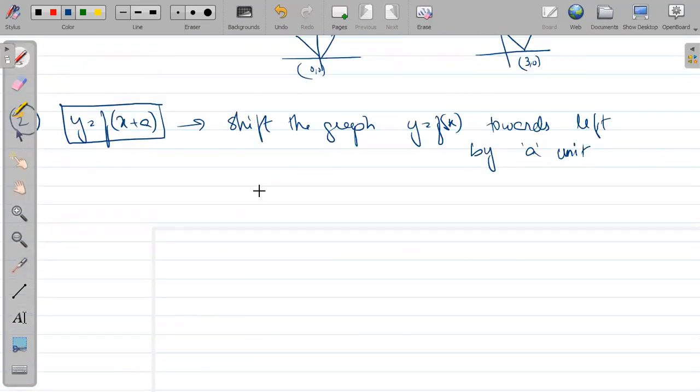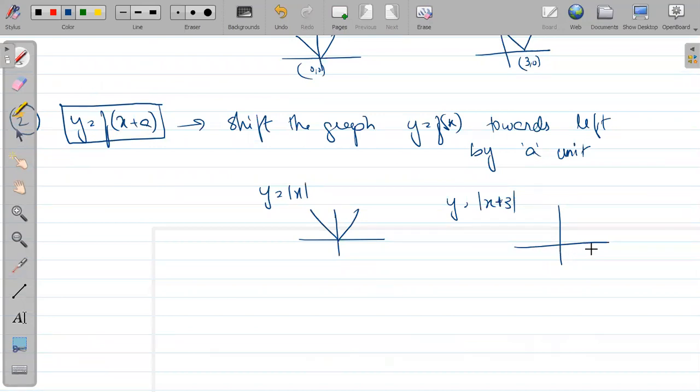This also we know. Y equal to x. This you know, y equal to x. So y equal to x minus 3 is this graph. Very simple. These are the graphs you already know.